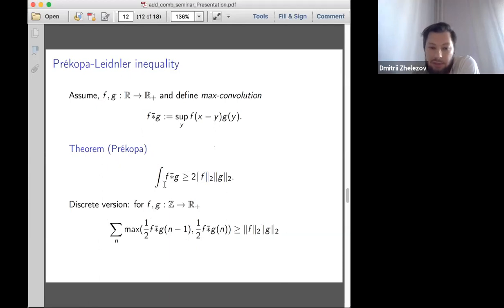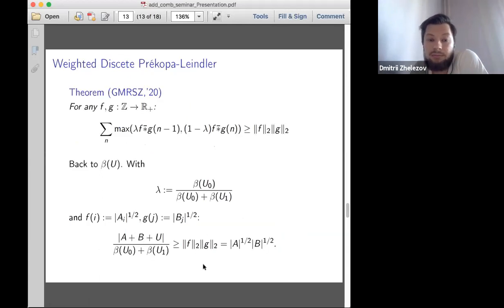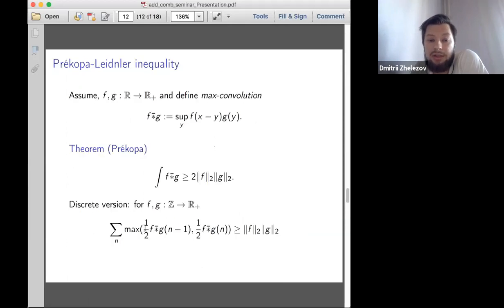It's not completely that way, but it seems natural to guess that something like this should work. And finally, the needed version for this is to replace this 1/2 here with arbitrary weights lambda.